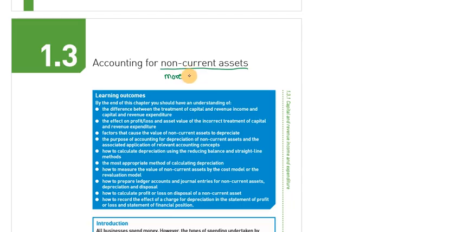So any asset which gives benefit to the business for more than a year will be treated as a non-current asset. In this topic we will learn how to account for non-current assets.